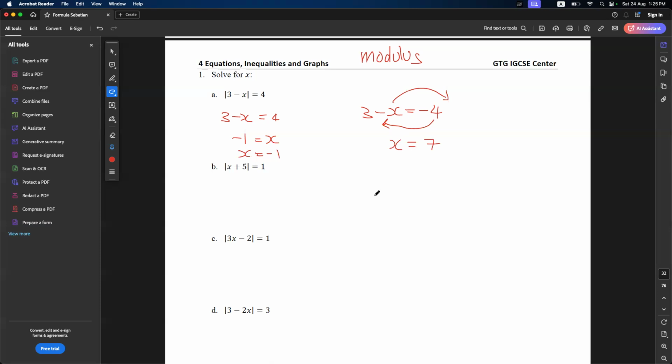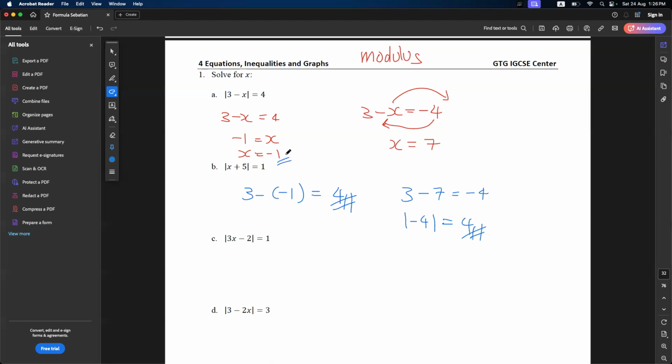You can actually retest your answers and see if you are correct. If I have 3 minus negative 1, this equals 4. If I have 3 minus 7, this equals negative 4, then I modulus negative 4, I get 4 again. So this is me testing out my answers to see if they are correct.